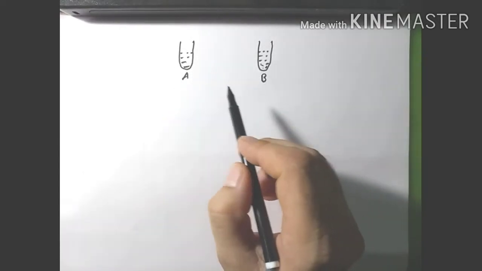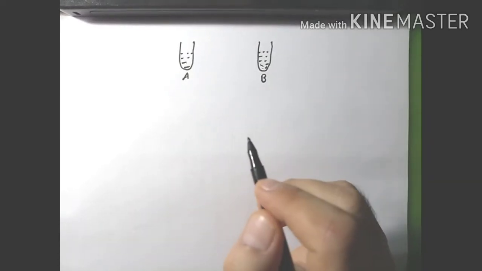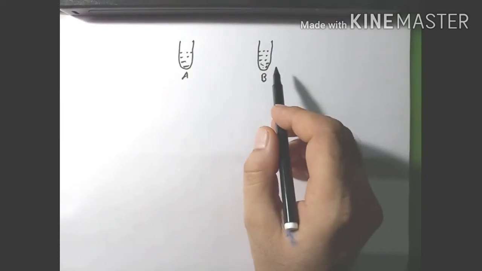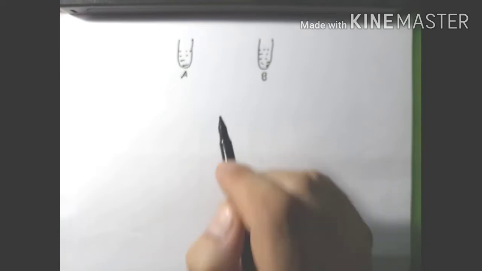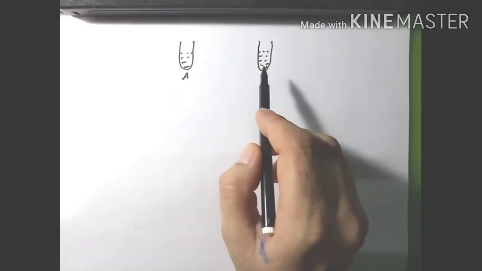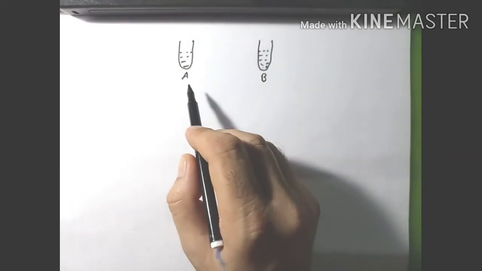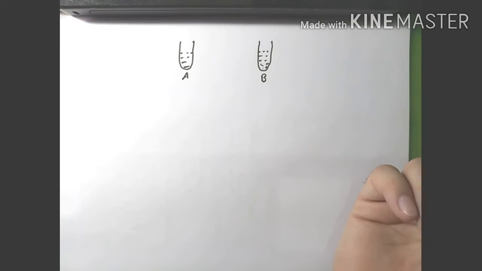Out of A and B, one test tube contains an acidic solution and one contains a basic solution. How will you differentiate them, and get an idea which solution is acidic and which is basic?